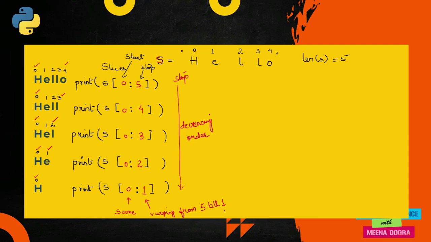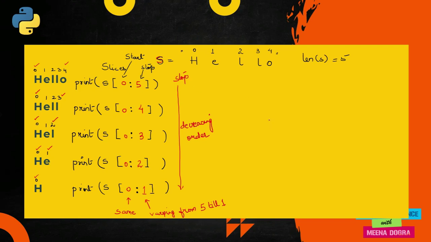Okay, 5 till 1, like 5, 4, 3, 2, 1. Fine. And next, like last time also we had made use of the length, if you remember the last pattern, this was the ending slice and this was the starting slice. Now it has reversed. Fine.